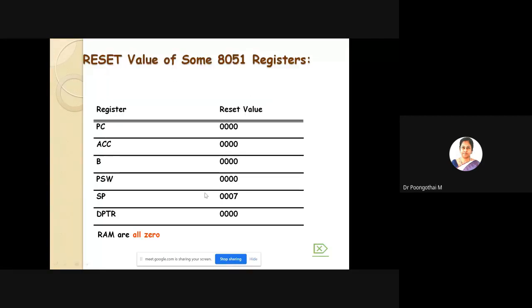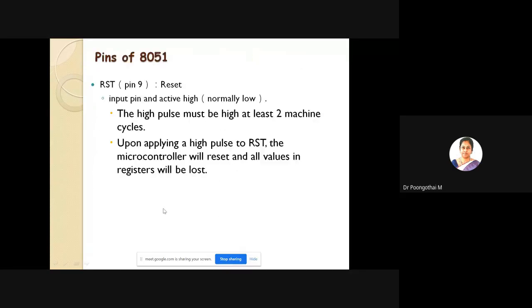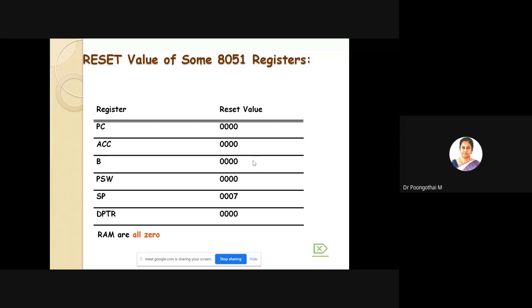Upon reset, your stack pointer holds the value 07 and your RAM memory content will be cleared. This reset signal should be held high for at least 2 machine cycles to be recognized by the 8051. This is mainly for resetting your processor, that is, it is used to clear all your register values.